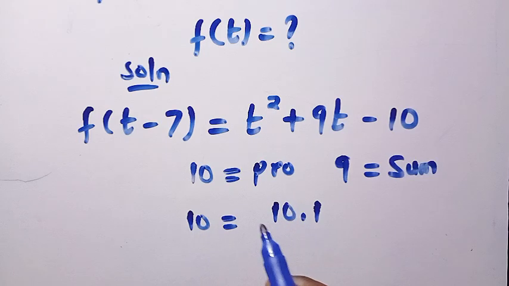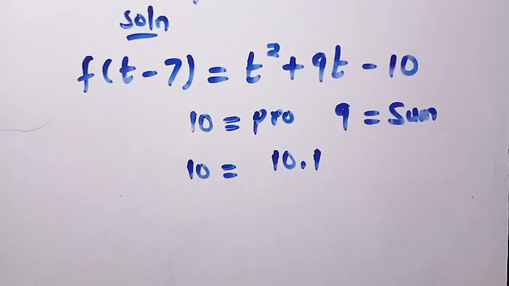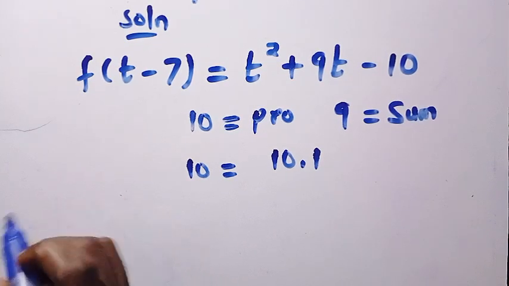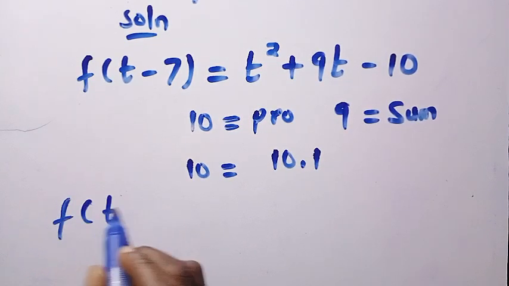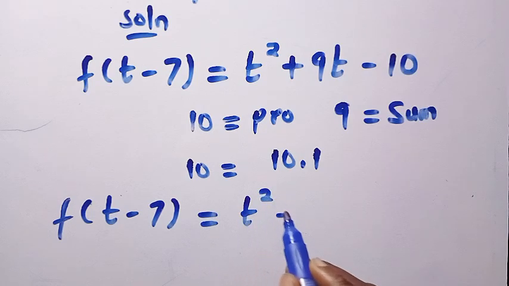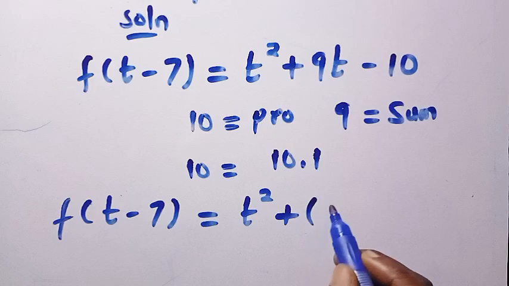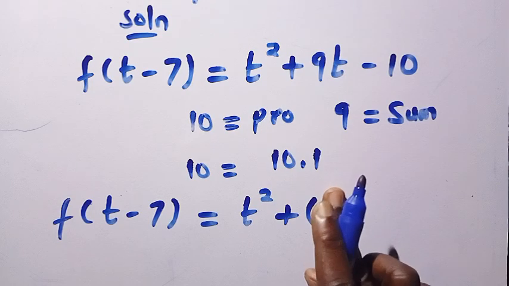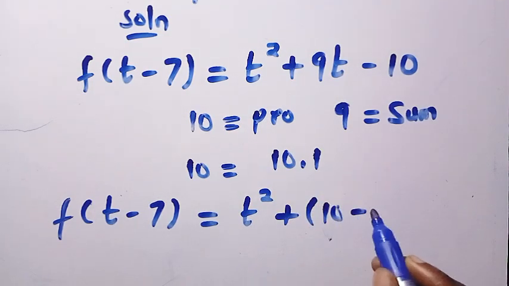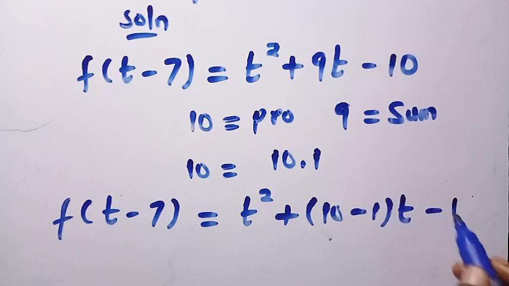It's just like we apply 10 minus 1 and 10 times minus 1. Therefore we have f of t minus 7 equals t squared plus, so we have 9, we have 10 minus 1, then multiply by t minus 10.